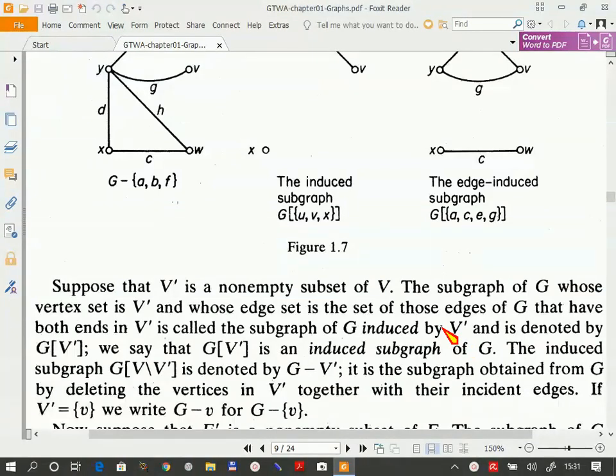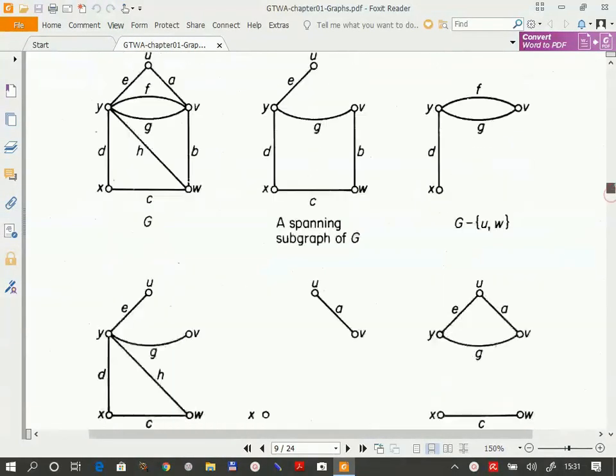Take the vertices of V prime, of course, and take all edges of the original graph with both ends in V prime. Okay, so if there was one edge with only one end in V prime and the other not, you don't take that edge because you don't have all vertices for it. Okay, in this case, you have here an example.